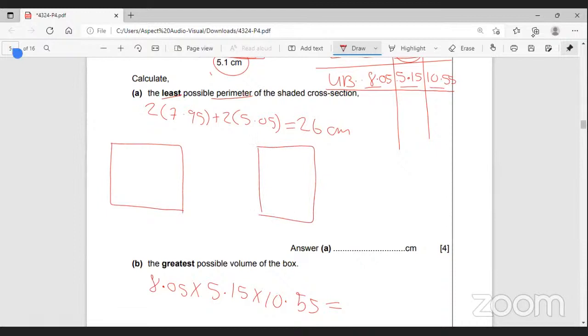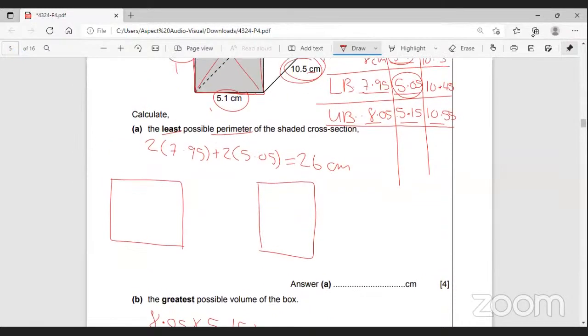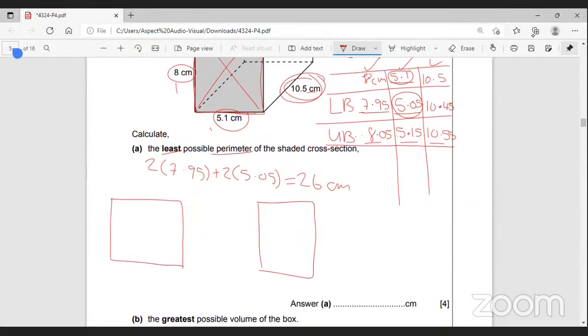Now, when you have made your estimations already, remember you are going to have a lower bound here. Remember, this is 8. Okay, so you have it here 8 and 5.5. What is the estimation of the lower bound of this?